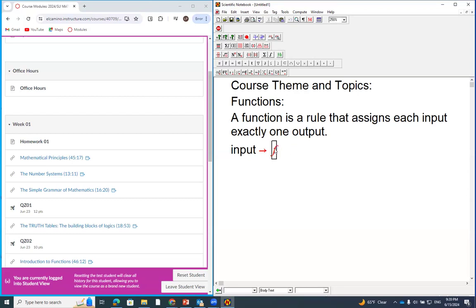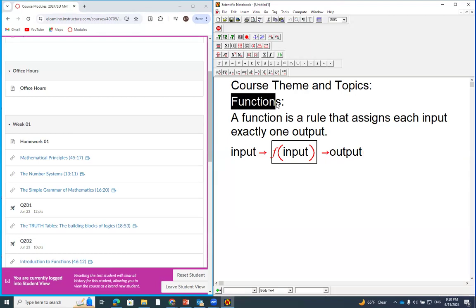The function would take input. You can have any name for input, but typically we use x for input, and then it produces output. Anything that satisfies this definition is called a function. So we're going to study functions.